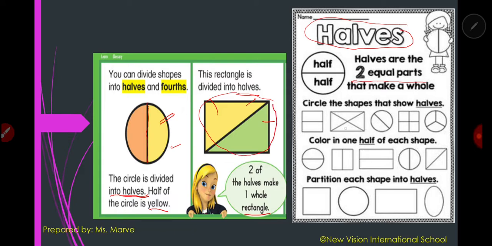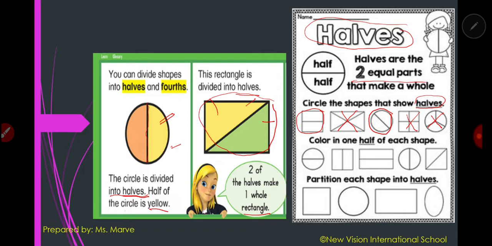Which of these pictures, we have a square, a rectangle, a circle, a square, and a circle again, which of these shapes shows halves? Okay. I will answer this. I will cross out this. I will circle this. I will cross out this and this.